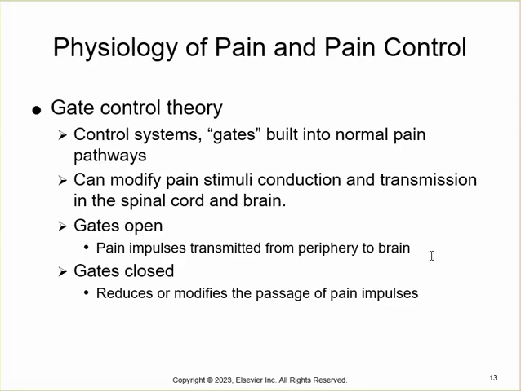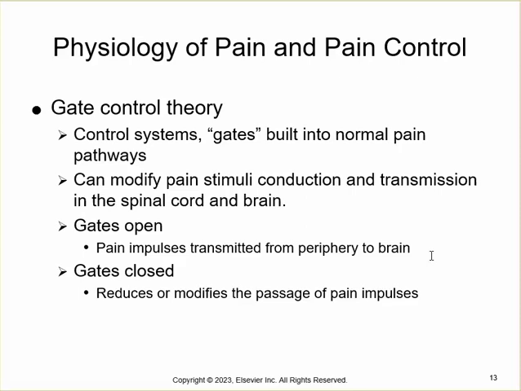But in any case, what Melzack and Wall said is that there are control systems built into pain pathways, that there are gates that allow the action potential to get through, and that you can modify the stimuli before it gets to your brain and you get awareness of it.